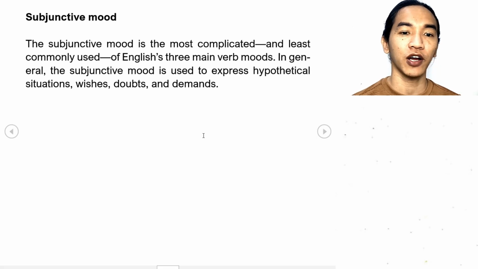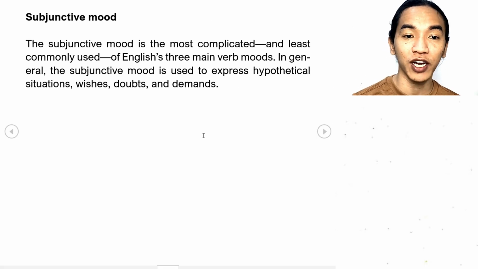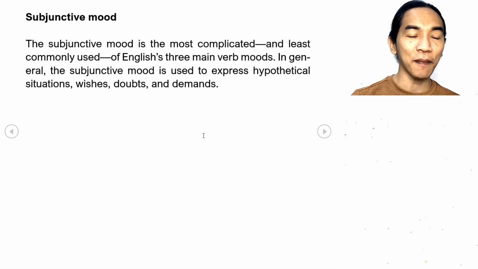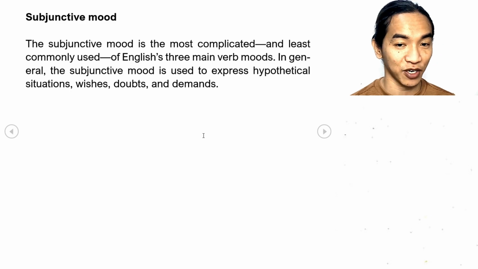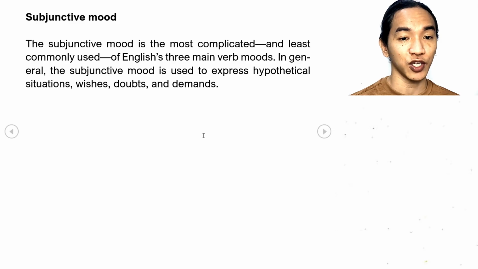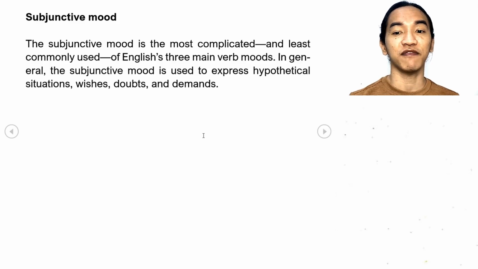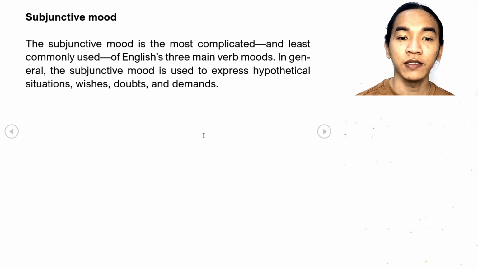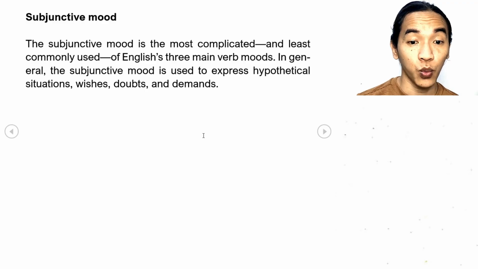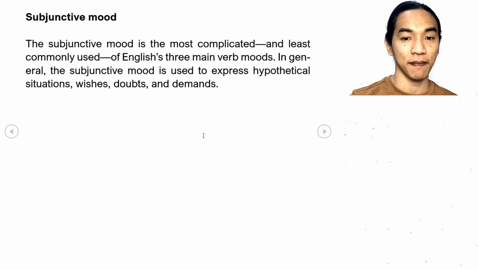Next type of mood here is your subjunctive mood. The subjunctive mood is the most complicated, so we will talk more deeply about this later on, and it is the least commonly used, but still good to know, of English's three main verb moods. In general, the subjunctive mood is used to express hypothetical situations, wishes, doubts, and demands.